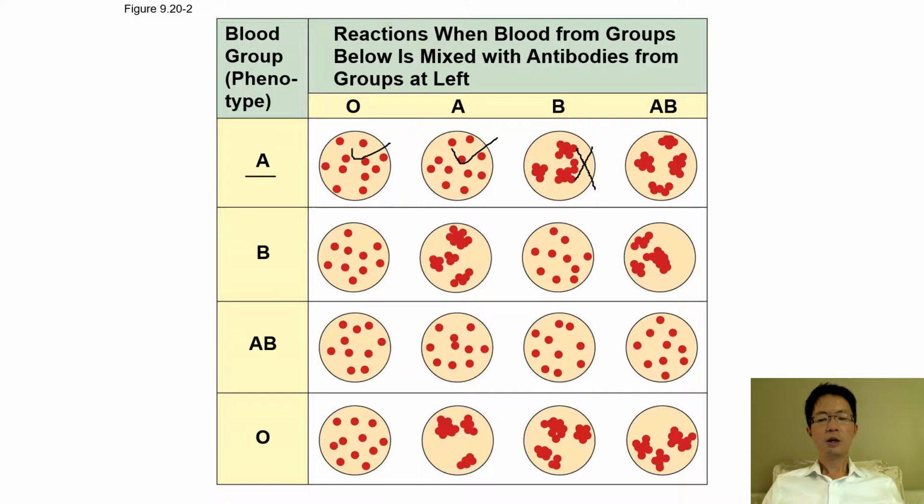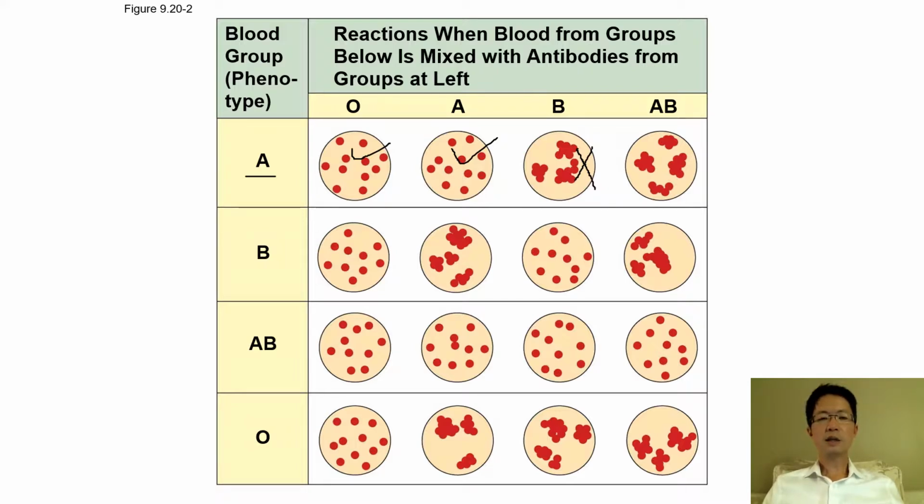Why? Because in the plasma of the blood type A patient, they have antibody B. The antibody B will bind to the red blood cell B.